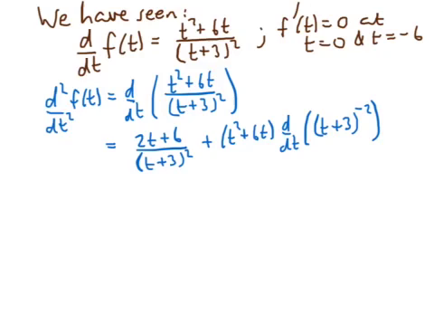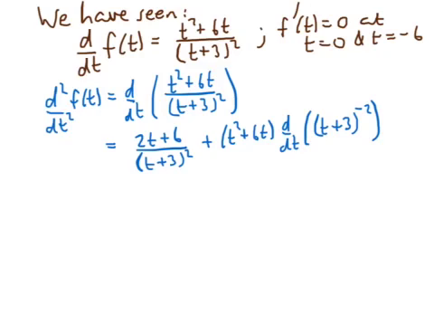At t is equal to 0, this will vanish. At t is equal to minus 6, this will vanish. This is not surprising. These are the values where our first derivative vanished, and our first derivative vanished because this factor was 0. So again here, this factor is going to vanish, and this whole term will vanish at t is 0 and t is minus 6.